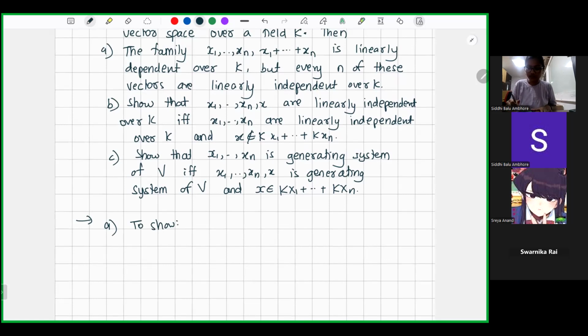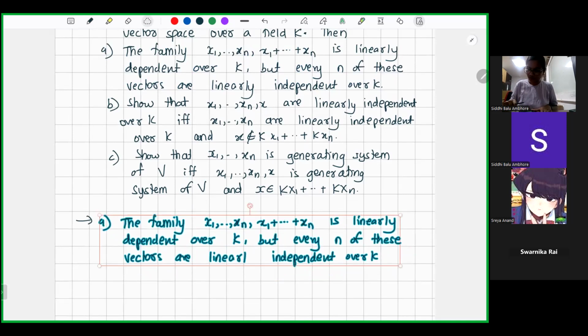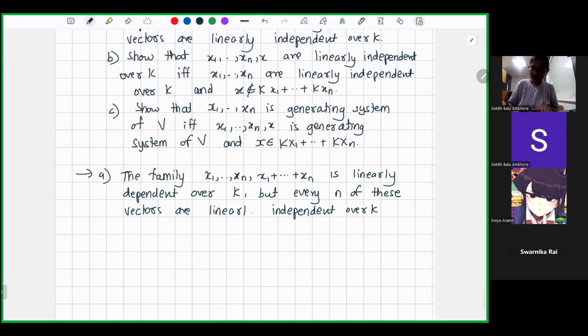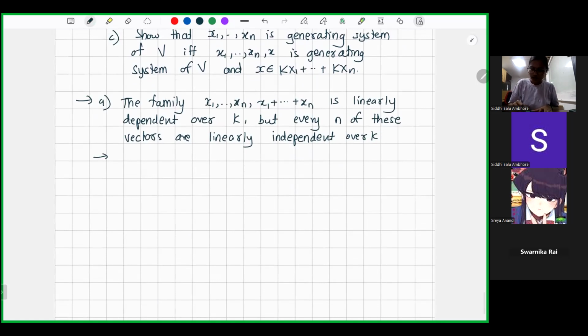So what does the first question mean? Let me just copy paste it here. To show: first, that x1 to xn and this element here are linearly dependent.